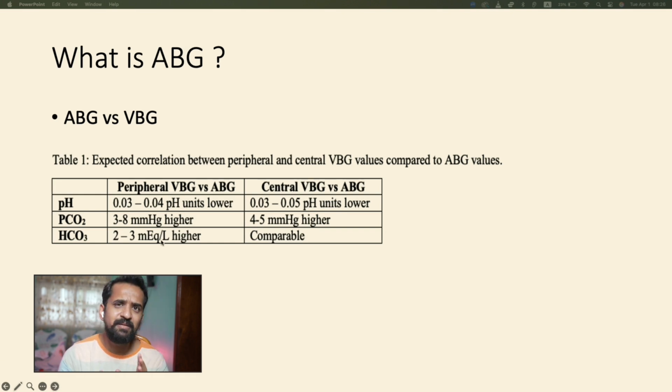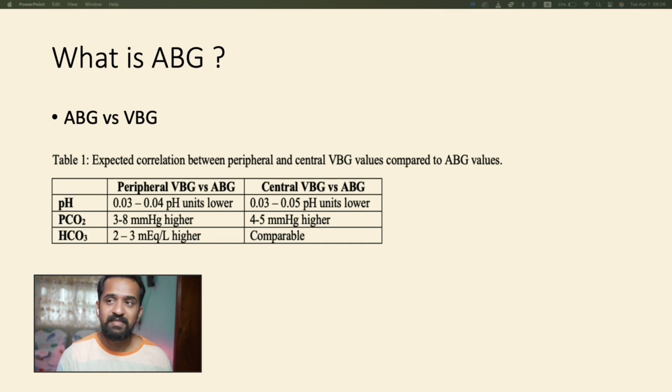Bicarbonate doesn't really differ. Now, if you want to know in an advanced way how it changes, if you take a peripheral sample and a central sample, meaning from the central line, then there might be a slight difference. But that difference is only important depending on your case. For example, if I'm looking at a case of oxygenation or a ventilation problem, then I would want to do ABG.